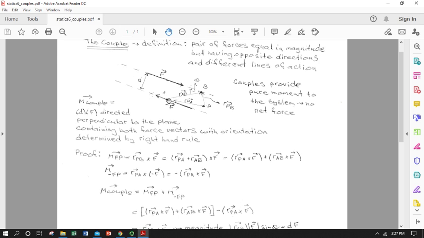And of course the moment due to the couple will be perpendicular to the plane that the two lines of action make. It's sometimes really easy to forget this formula. A lot of people tend to put a 2dF in here. So it might be nice to have a quick way to refresh ourselves on where this formula came from.